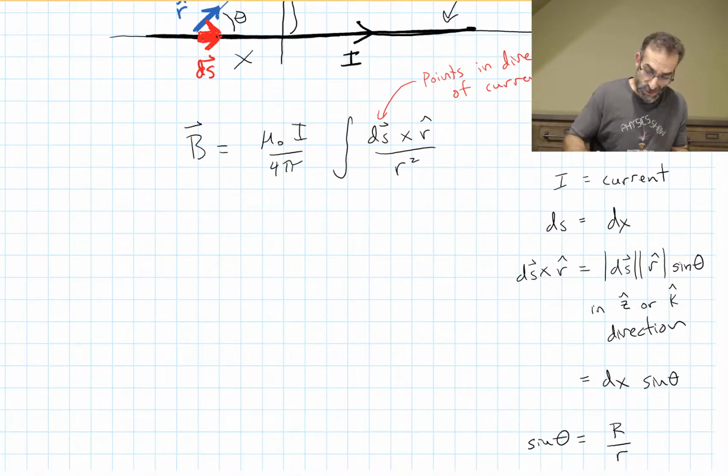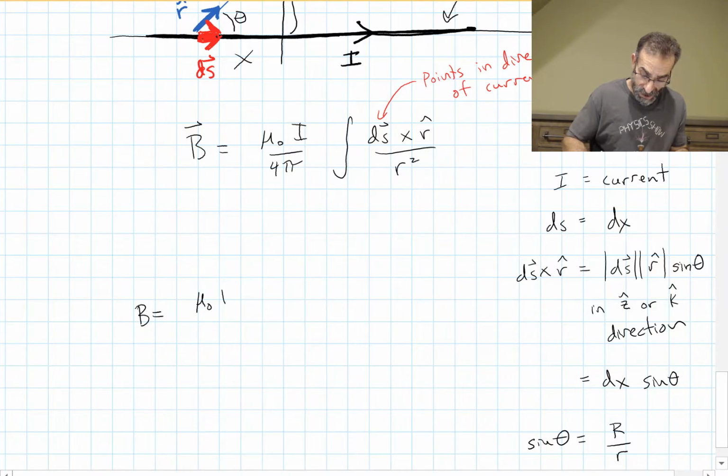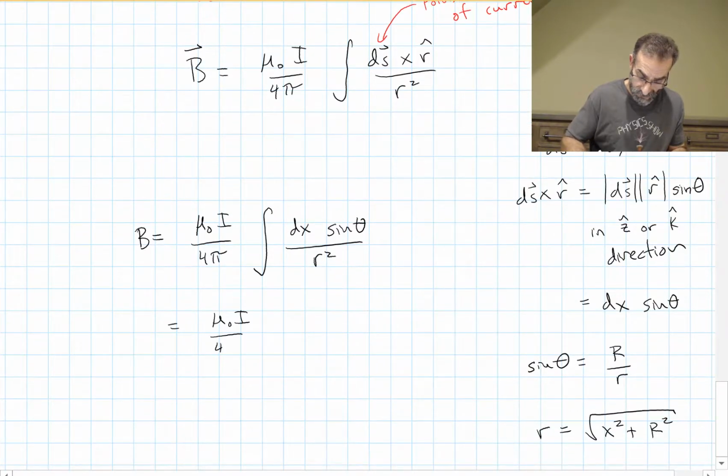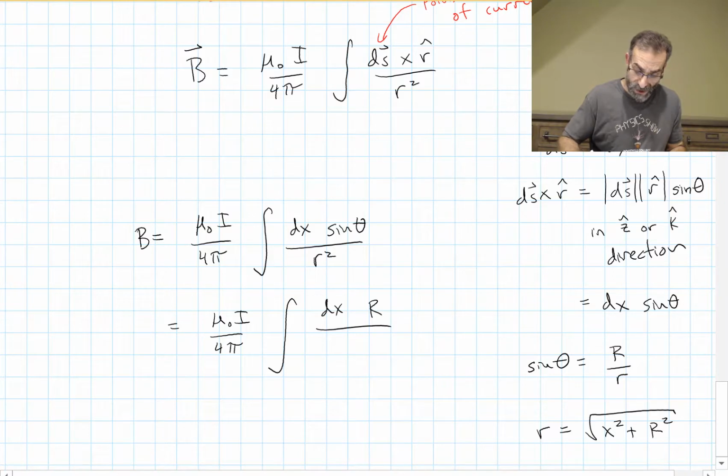So let's start plugging some things in. We've got our magnetic field, mu naught I over 4 pi, the integral of dx sine theta over r squared. And we said sine theta was just R over lowercase r. So that gives us an r cubed in the denominator. And we know what r is in terms of x.